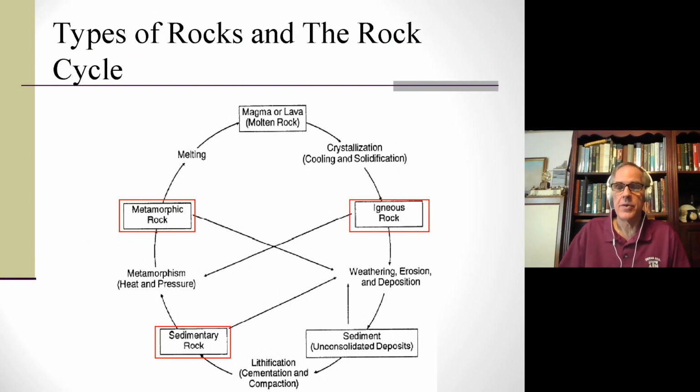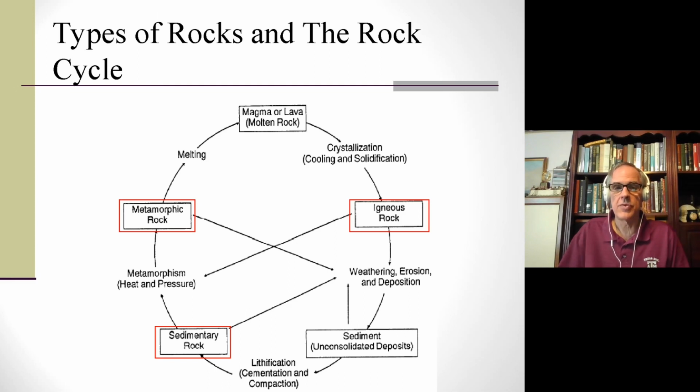Rocks, we have a life cycle, which we talk about in our biology-based courses. We have a water cycle, which we're going to talk about later on in the semester, but this is the rock and soil cycle. Basically, most of the time, we start with magma or lava, and then we go to igneous rock.